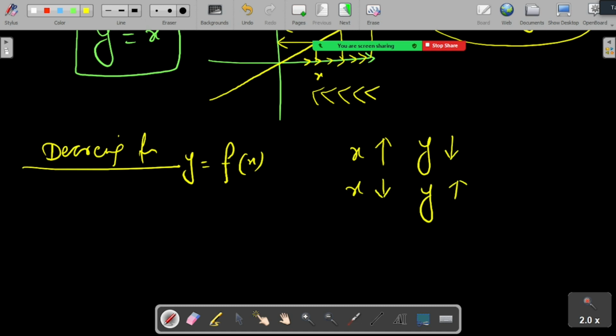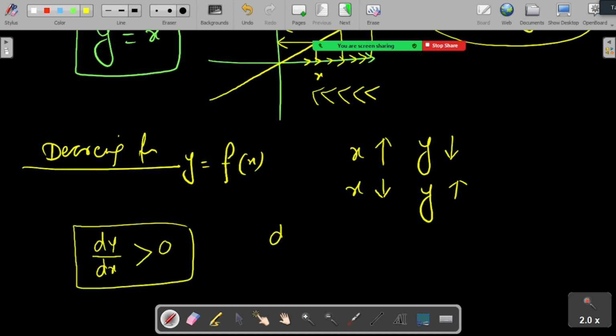How do we know whether a function is increasing or decreasing, or in which domain? You have studied this in calculus. The condition is dy upon dx should be greater than 0 for an increasing function, and dy upon dx should be less than 0 for a decreasing function.